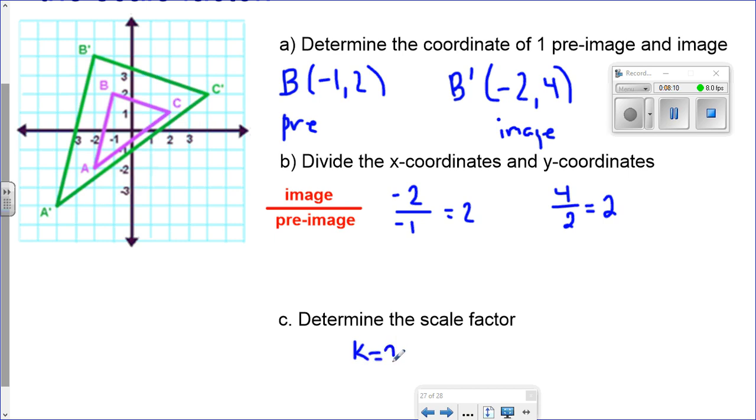So that means the green image triangle is 2 times the size of the purple one. Okay, because we know the scale factor is 2. So important thing, always remember, is the image divided by the pre-image. Alright, and that's it.